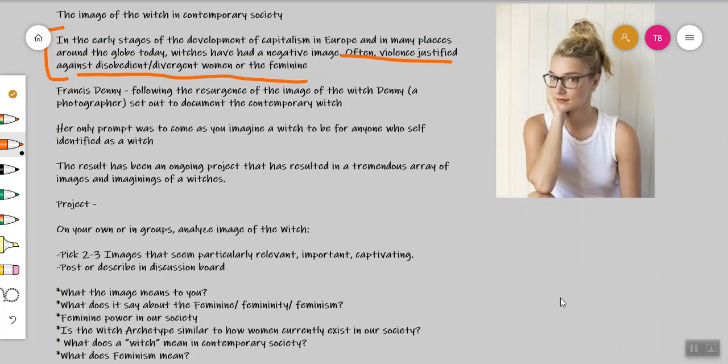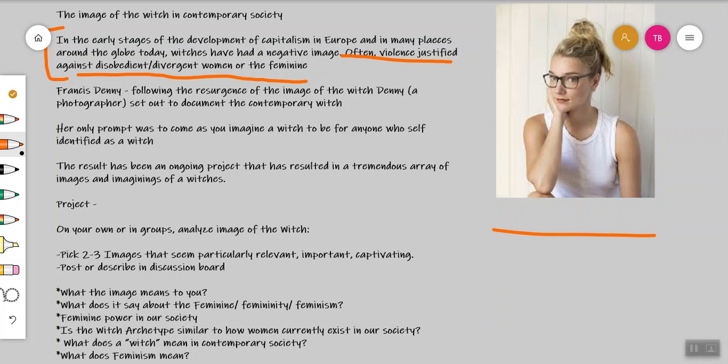Following this, Frances Denny, a photographer and portrait artist, is following the resurgence of the image of the witch. Contemporary society, at least in the United States, has taken the image of the witch and maybe diverted it or challenged it from previous generations or other incarnations into a positive one, maybe something that's empowering.